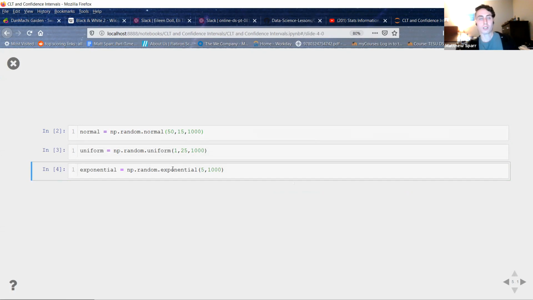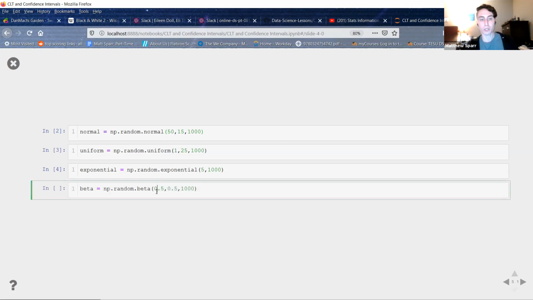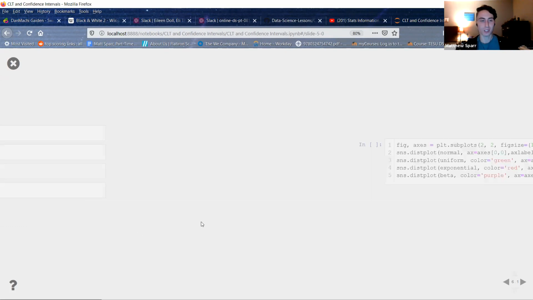Poisson tells you, given a lambda, about how many times you'd expect a certain event to happen. Exponential tells you how long it will be until the next event occurs. And you'll see what it looks like here in a second. And then the beta distribution, it's kind of hard to explain. It's basically used to predict probabilities of probabilities, if that makes sense. But you'll see what it looks like here in a second.